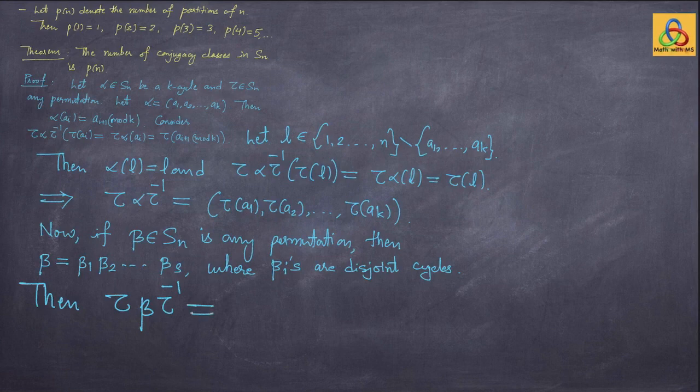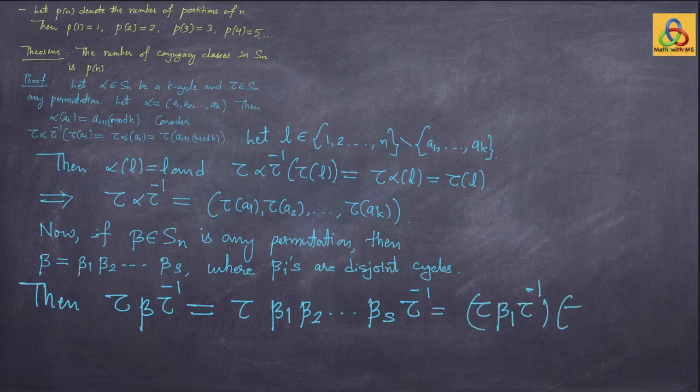This is equal to tau times beta 1, beta 2, and so on beta s, times tau inverse. What we do is that between beta i and beta i plus 1 we introduce tau tau inverse. So therefore this can be written as tau beta 1 tau inverse, tau beta 2 tau inverse, and so on, tau beta s tau inverse.